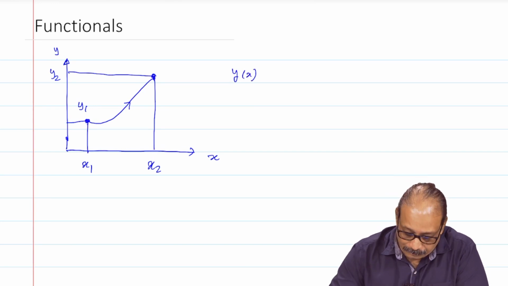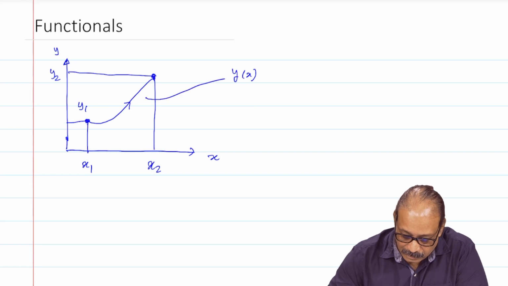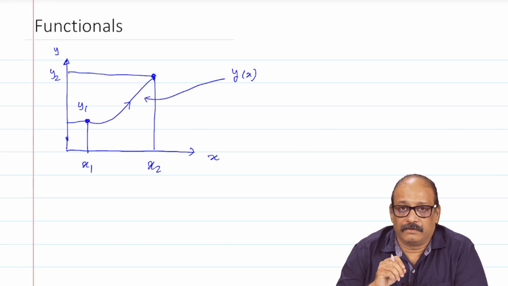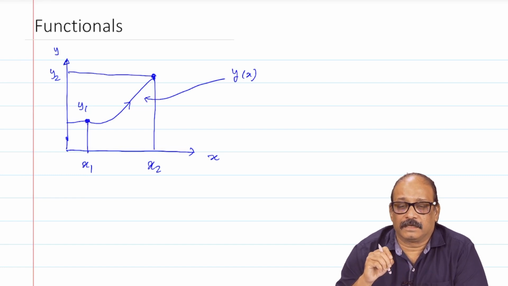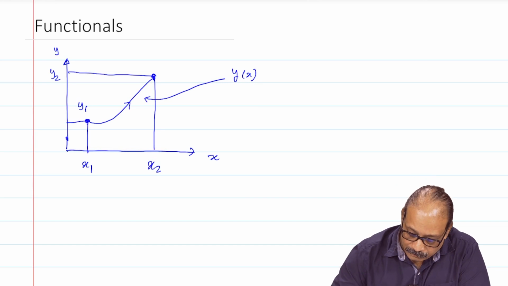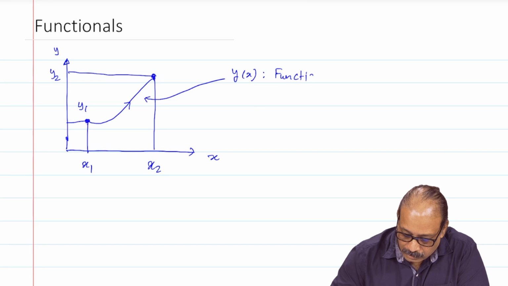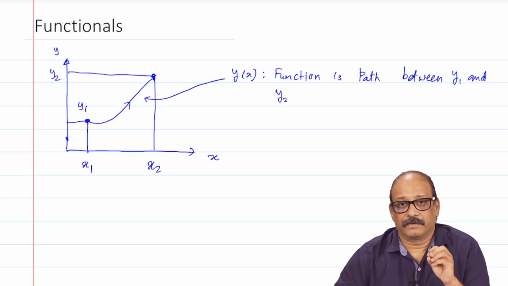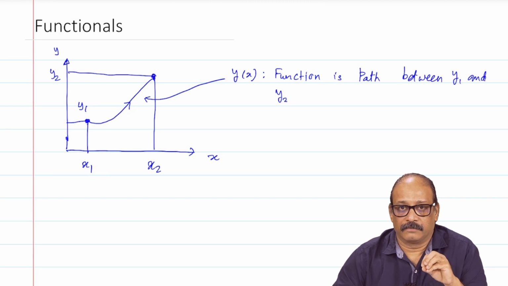So, the path y is represented by a real valued function, which is continuous and sufficiently smooth. This function is called a path between y1 and y2. Remember, the x1 x2 is the domain which is fixed and given.